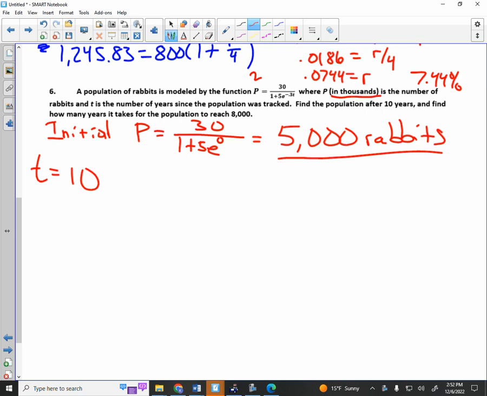Okay? So if I want to know the number of rabbits at time 10, what would you do? Plug 10 in for T. Go ahead and see if you can figure out the number of rabbits at time 10 right now. Okay, some people struggle to plug that in and see what you can get. Go.